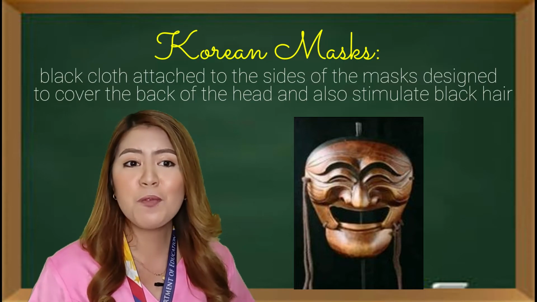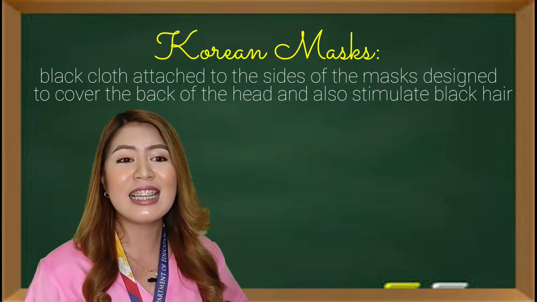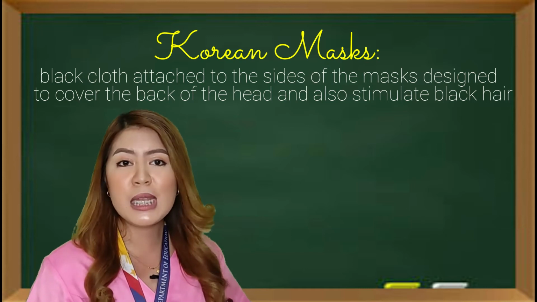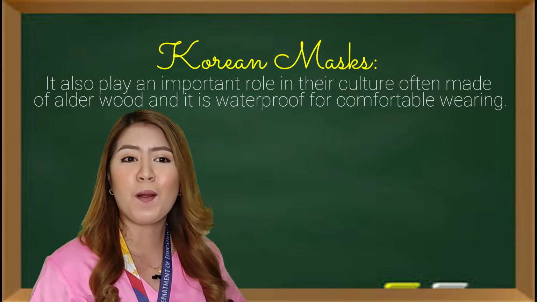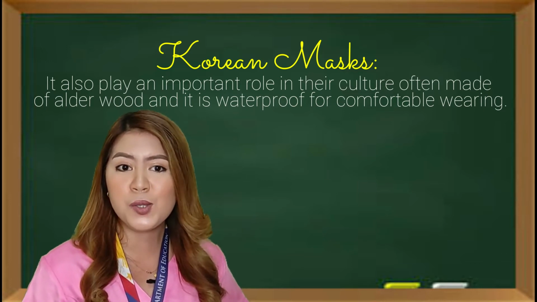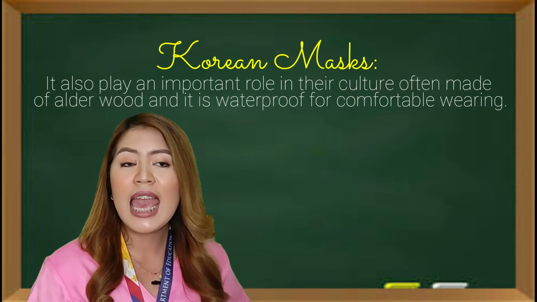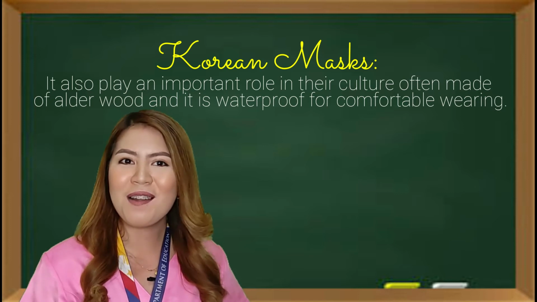Masks come with a black cloth attached to the sides, designed to cover the back of the head and also simulate black hair. They also play an important role in their culture, often made of alder wood, and are waterproof for comfortable wearing.